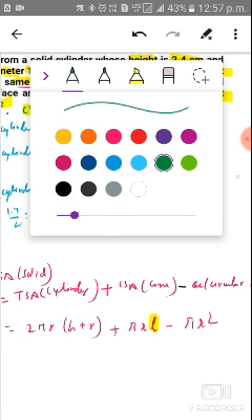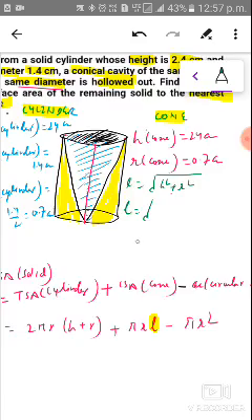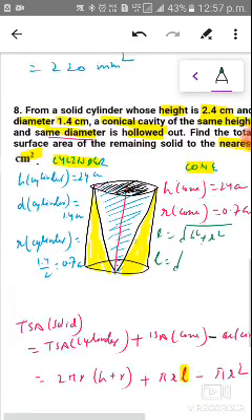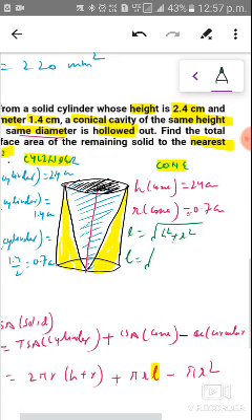Let us find the slant height of the cone. We know l is always equal to the square root of h square plus r square. So here our l will be, how much is h? I have written 24, it is 2.4 centimeter.